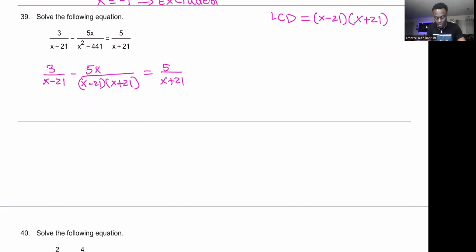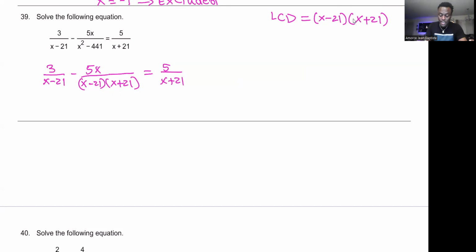So we make sure that we include in the LCD all the factors that are in the denominators. Since all the factors are present once in each fraction, all of them are there once in the LCD.